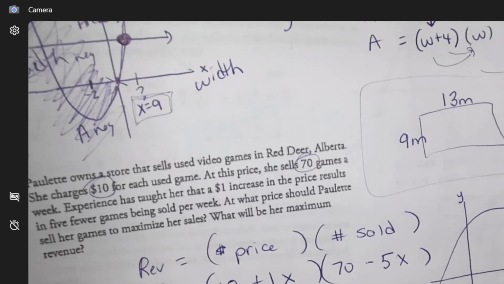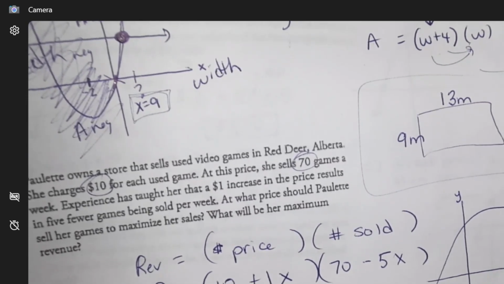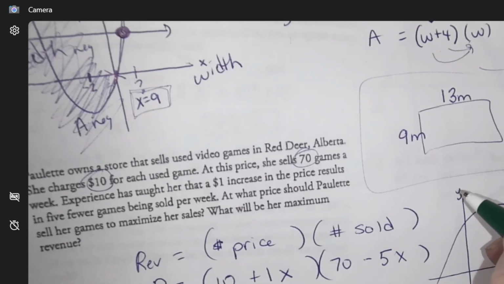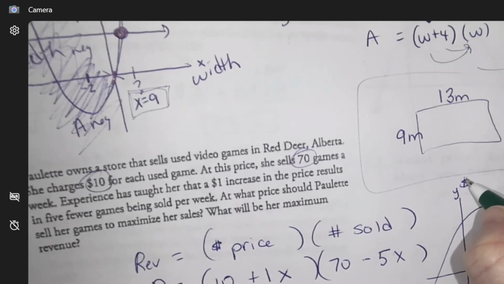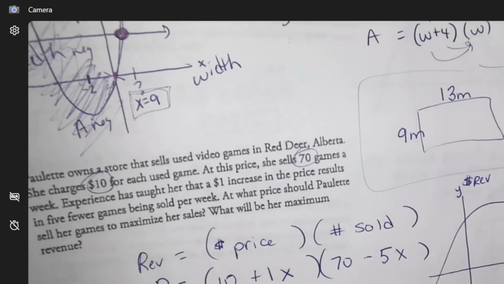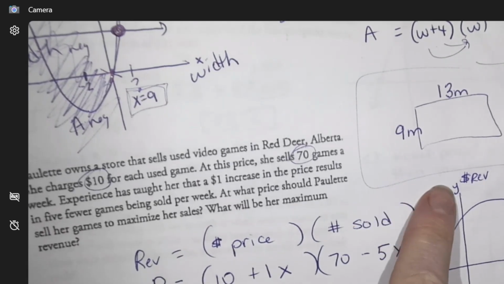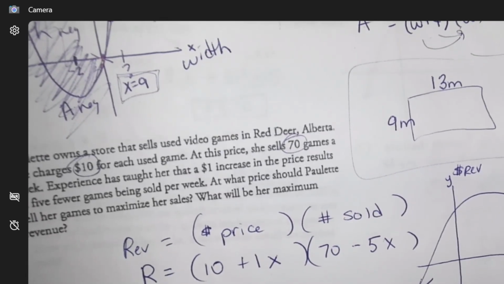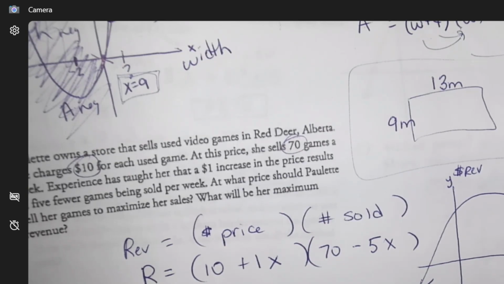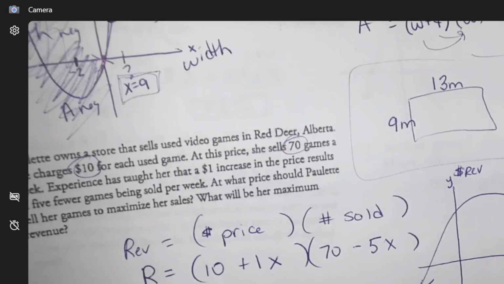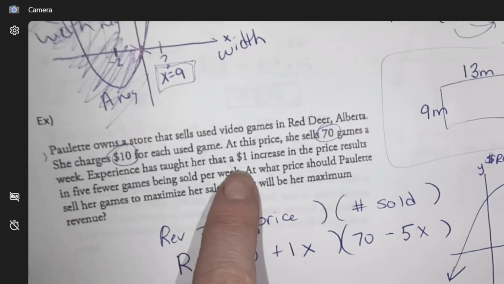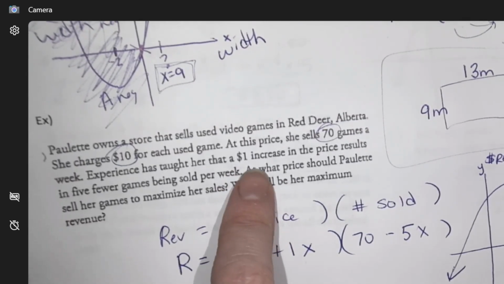Okay, so let's talk about our variables. Maybe this one's easier. The Y is obviously the revenue money. That's the Y. And then what is X technically?